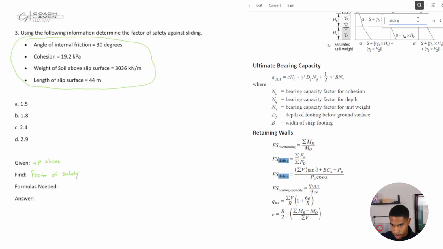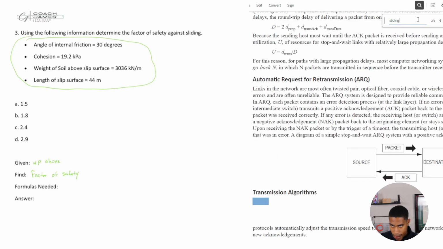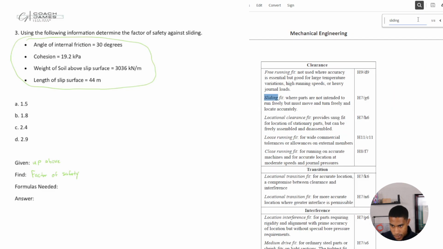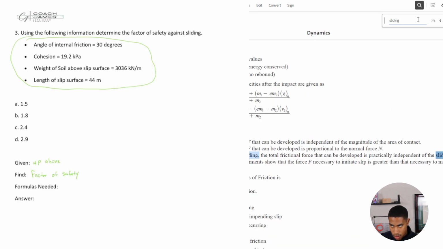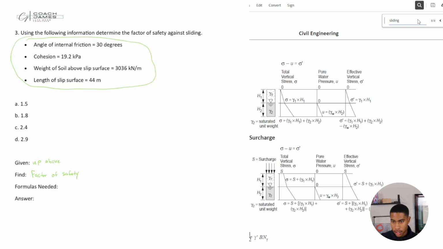See what comes up there. Okay, so this is for retaining walls, so I don't think I would use these. None of those would get me anywhere. Maybe slip surface. I see length of slip surface and above slip surface, so maybe slip surface.